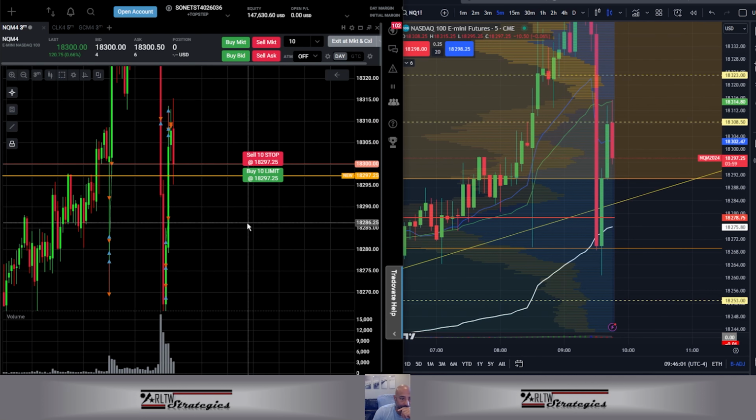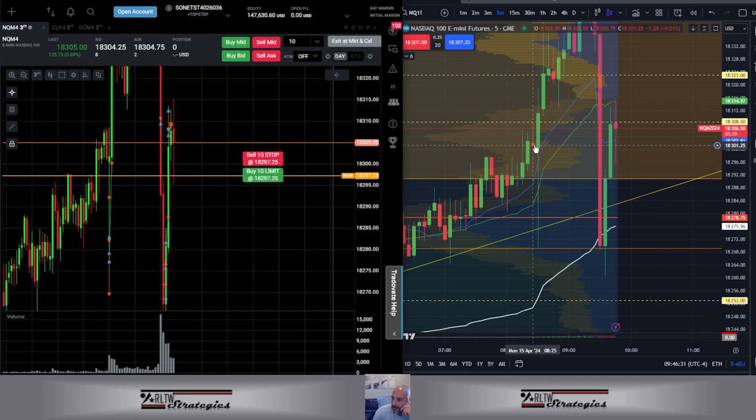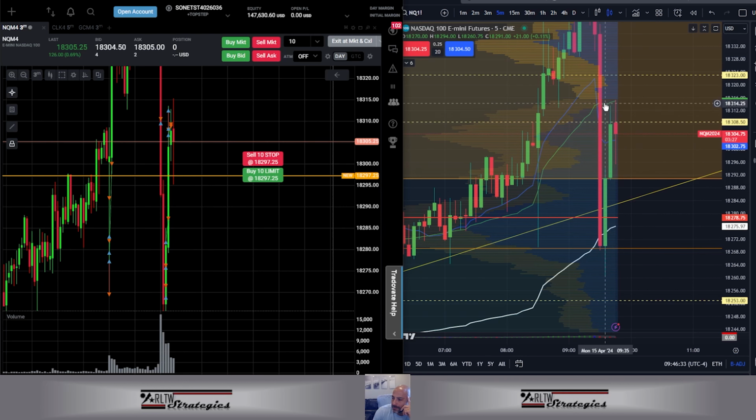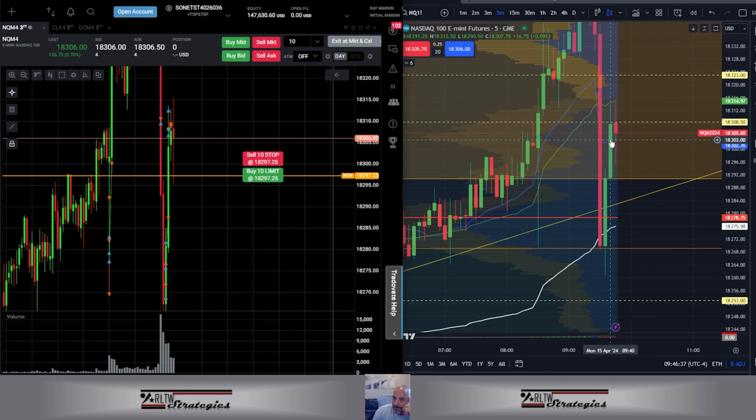ES is dropping. We're fighting over this high volume area where this break of structure candle's at. And we seem to come up to it. Nvidia's moving up. Amazon's moving up.